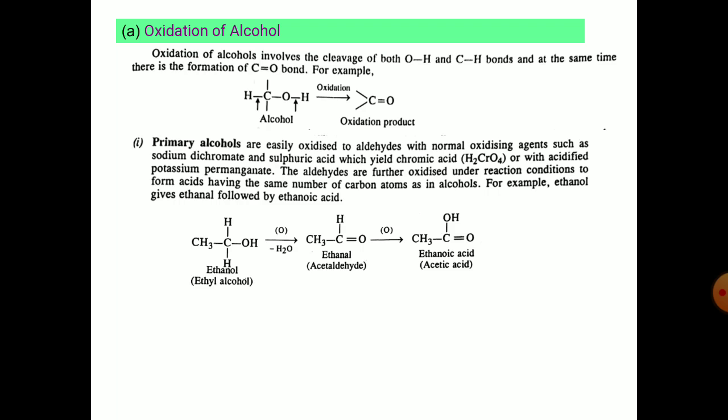Let us see the reaction. I have taken CH3CH2OH. So this is ethanol. When it is treated with alkaline KMnO4, acidified KMnO4 or acidified K2Cr2O7 or Na2Cr2O7, potassium dichromate or sodium dichromate, the oxygen will come from these oxidizing agents, and the ethanol will combine with the oxygen to form ethanal or acetaldehyde.